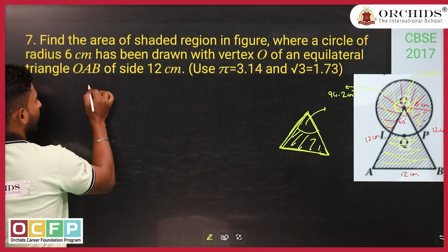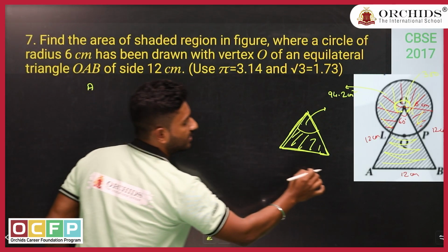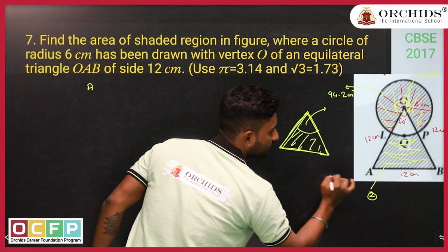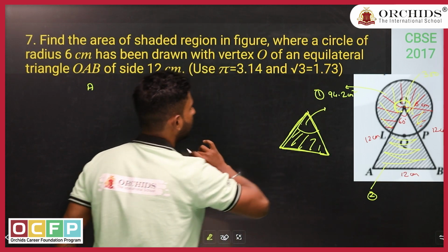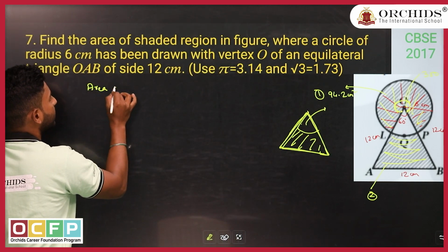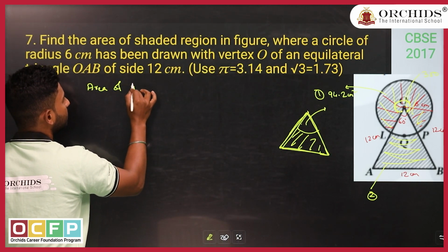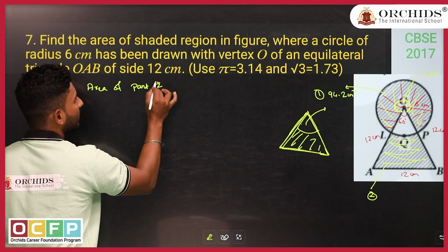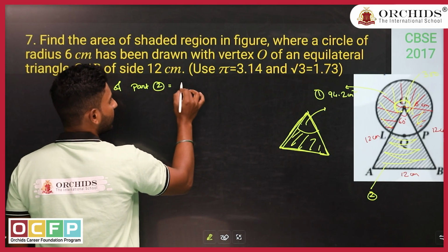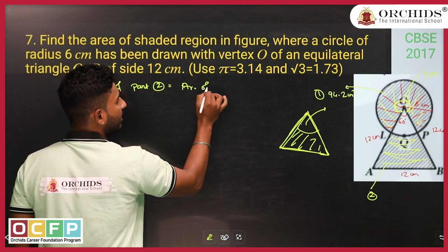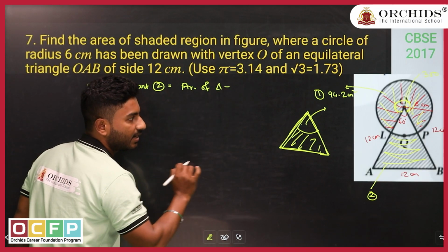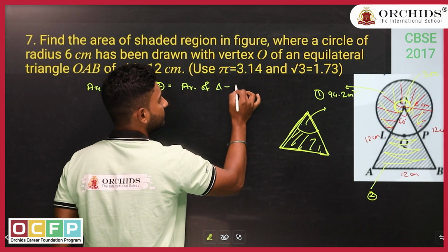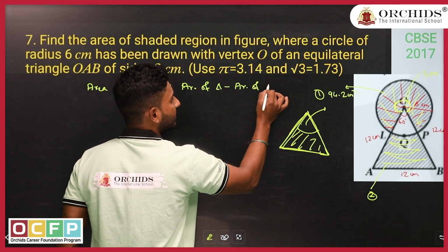Fine. So this is part 2. This one was part 1. Area of part 2: how can I find it? Area of triangle minus area of sector.